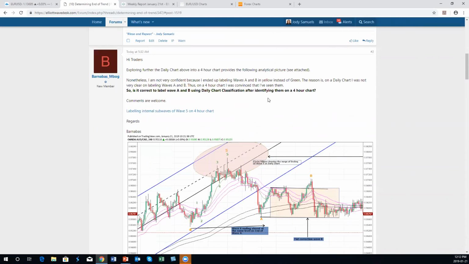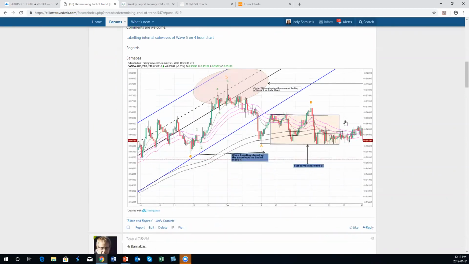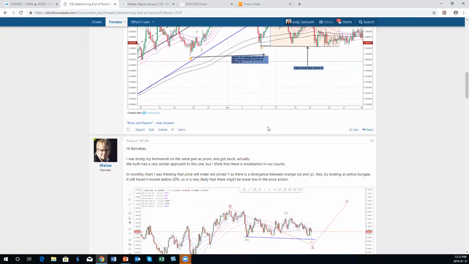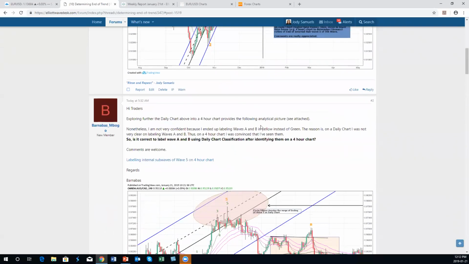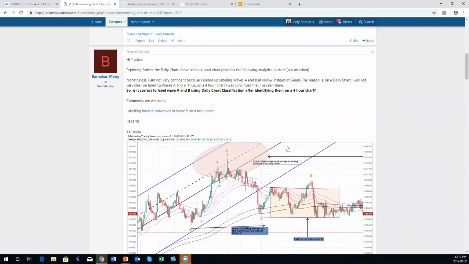Now, the next question, let's see what this is. Exploring further the daily chart above into a 4-hour chart provides the following analytical picture. Nonetheless, I'm not very confident because I ended up labeling waves A and B in yellow instead of green.